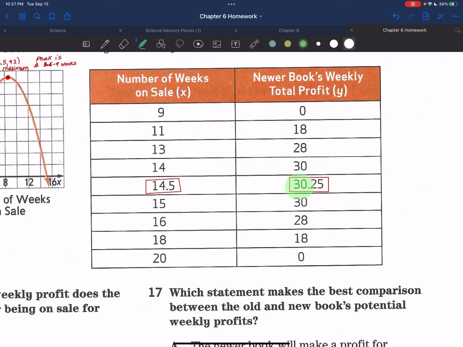So this one, the peak occurs at 14 and a half weeks, but it doesn't go quite as high. It only goes to about 30,000 or 30, a little bit over 30,000. Let's say it that way. But the thing that I'm looking for is that the peak occurs. We know this one. We don't have to estimate at 14 and a half weeks.